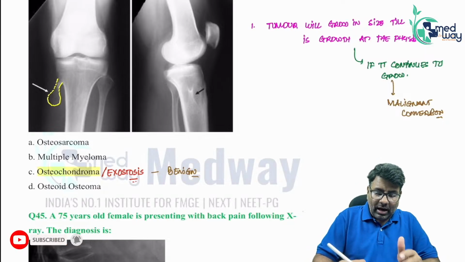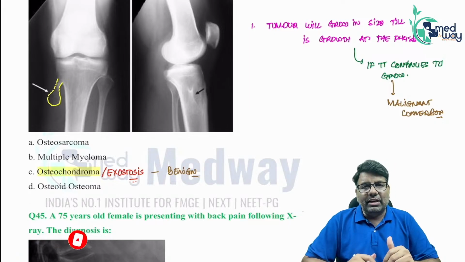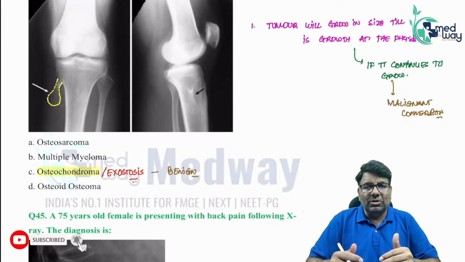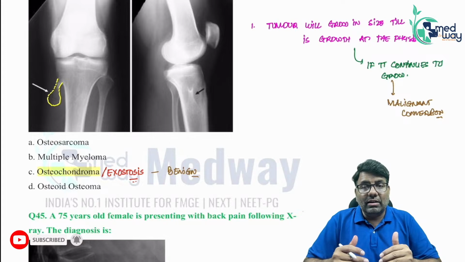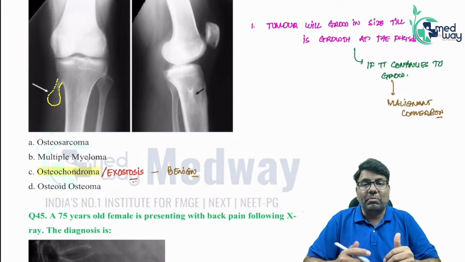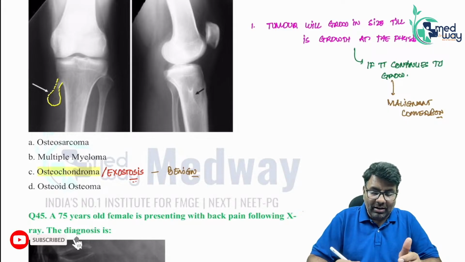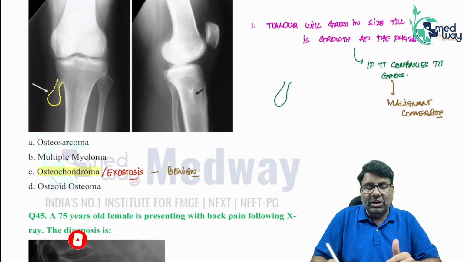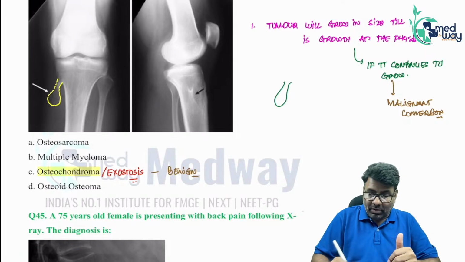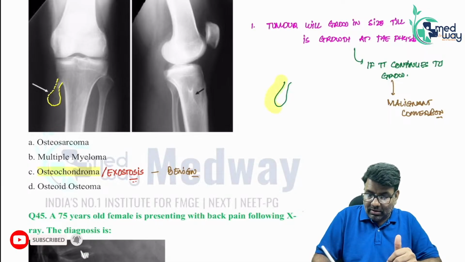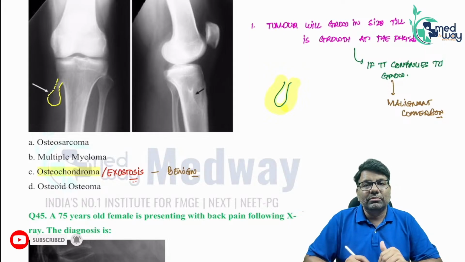This is one point. Another point is that when we take X-ray, we see that the tumor is of a certain size. But when we open it during surgery, we find the size of the tumor to be much more than what we have appreciated on the X-ray. Now, why? Because if suppose this is the size of the bony component of the tumor, which is evident on the X-ray, but when we operate, it is covered by a cartilaginous cap.